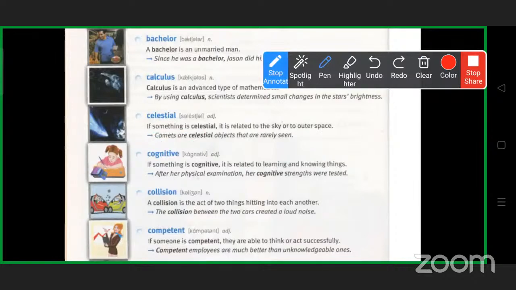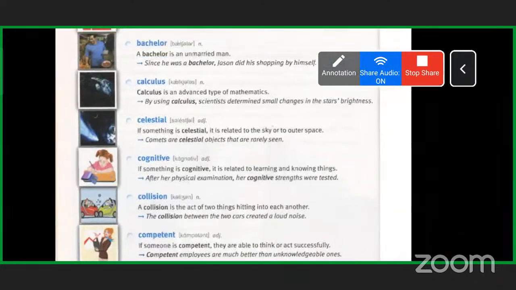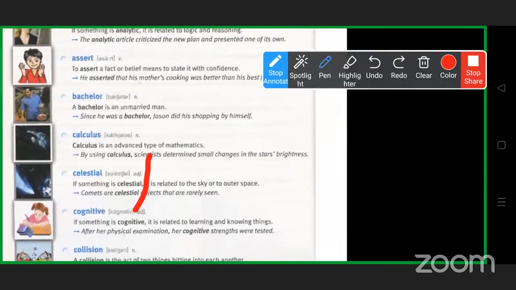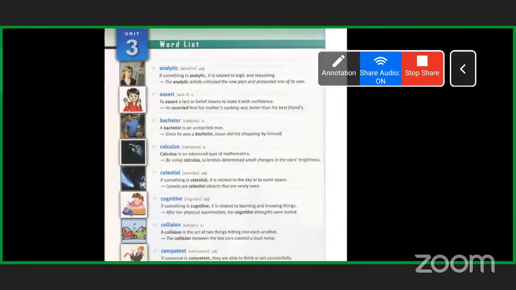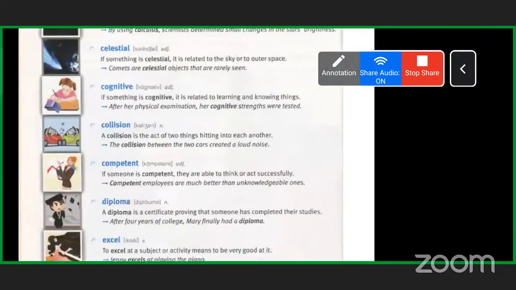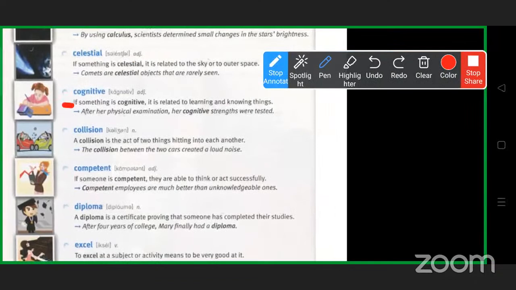Now the next word is cognitive. Cognitive is more related to the brain, or something related to learning. If something is cognitive, it is related to learning or knowing things.